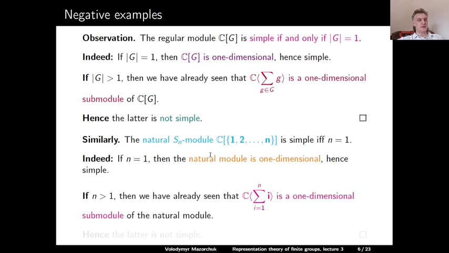If n is greater than 1, then we have already seen that the linear span of the vector in this module given by the sum of all elements, 1 plus 2 plus 3 and so on plus n, is a one-dimensional submodule. Again, we have a submodule which is not zero and which is not the whole module. So this natural Sn module is not simple if n is greater than 1.